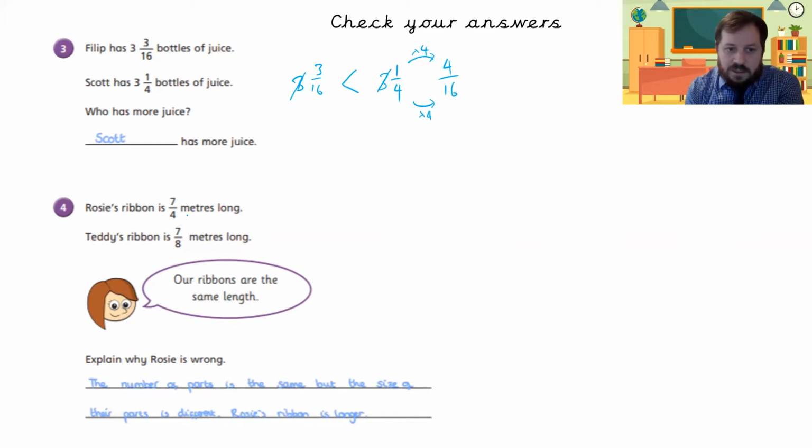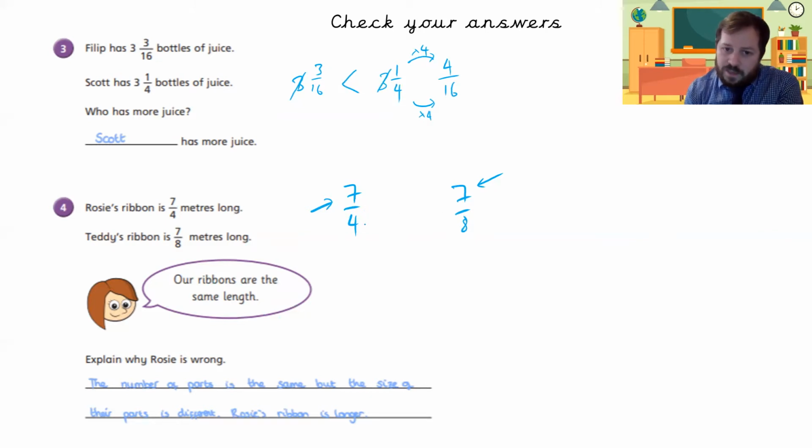Then our last question. Rosie's ribbon is 7/4 of a meter long, and Teddy's ribbon is 7/8 of a meter long. Our ribbons are the same length. Explain why Rosie is wrong. And the trick is, look what is the same. The numerators are the same. So because the numerators are the same, we're looking at the size of the pieces, and quarters are very definitely bigger than eighths.